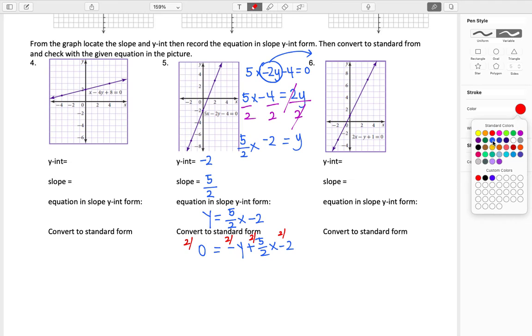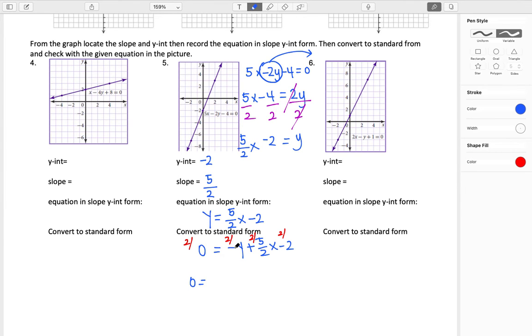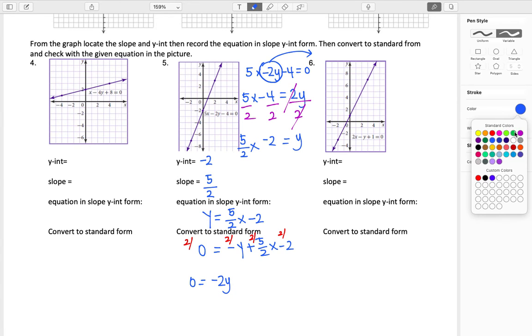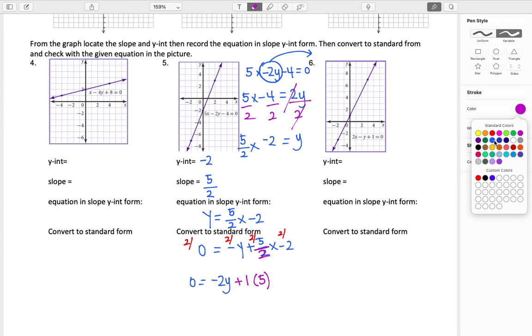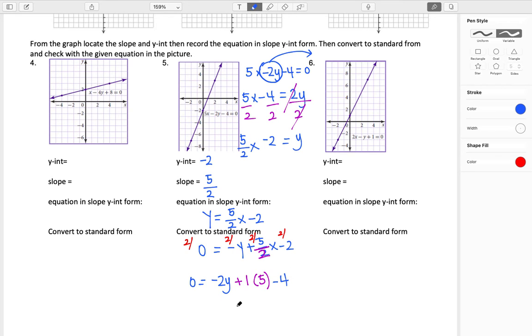So therefore 2 times 0 is 0. 2 times negative 1 is negative 2y. Now we have a fraction here. So 2 divided by 2 is 1, and then times 5, and then 2 times negative 2 is negative 4. Oh, don't forget x here.